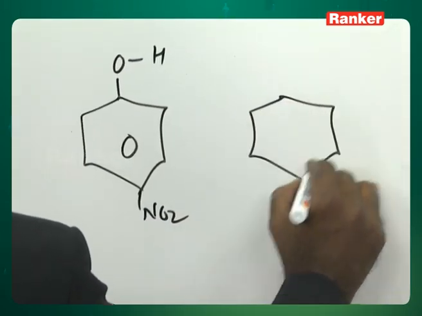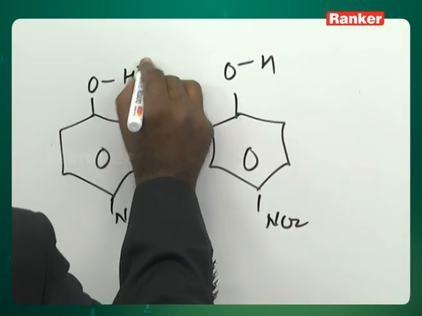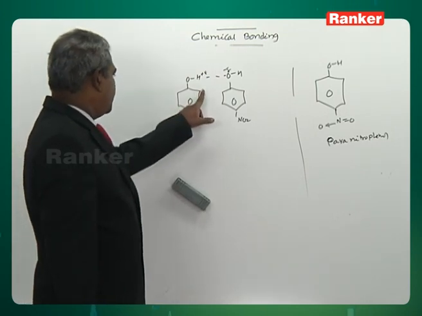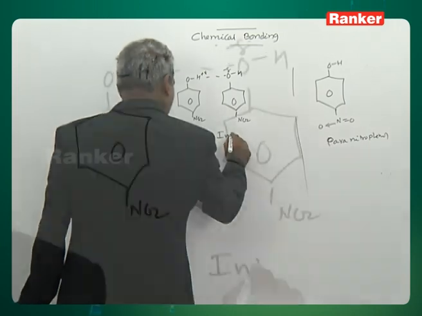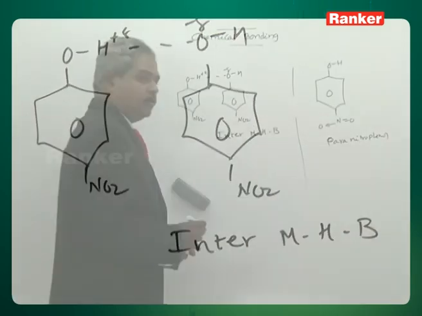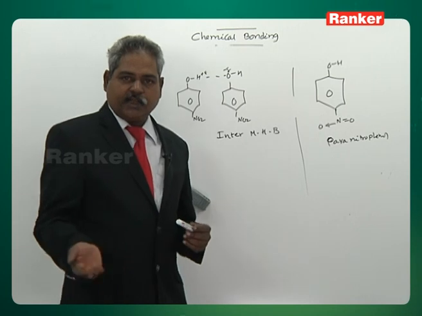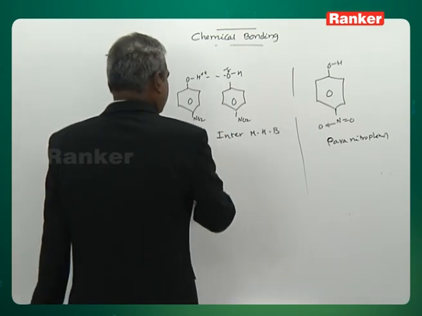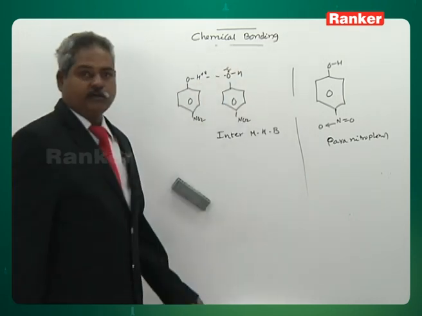You take another molecule with OH. Since this hydrogen is free, plus delta, minus delta, look here. Earlier NO2 was here, therefore it was intra; this is intermolecular hydrogen bond. Boiling points depend on whatever is there between two molecules, not what is there inside that molecule. So, intra doesn't affect, only intermolecular hydrogen bond affects boiling points.